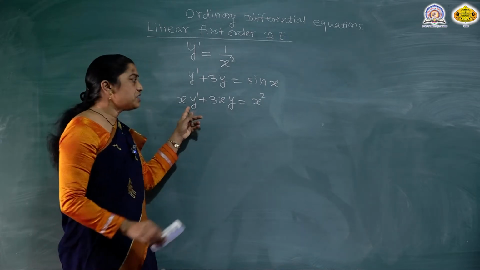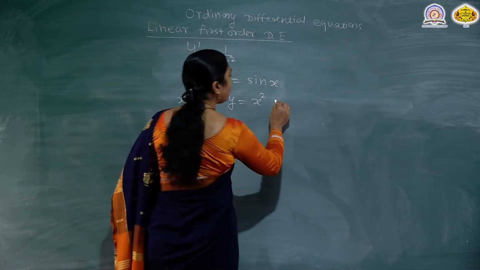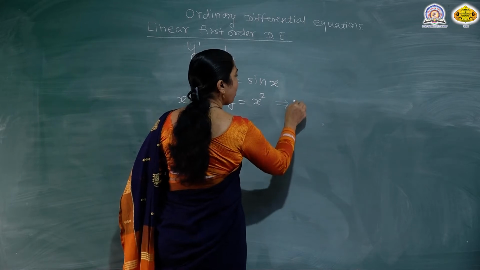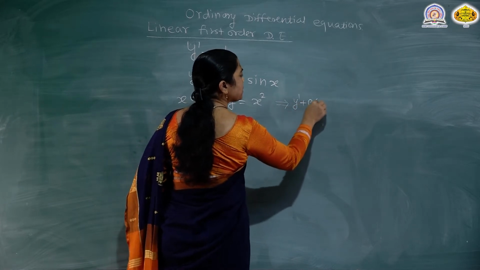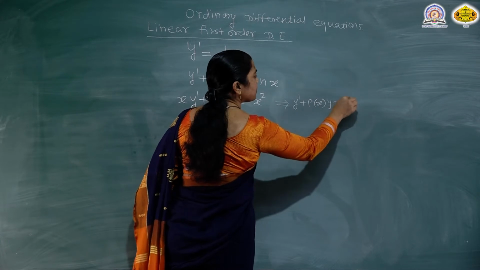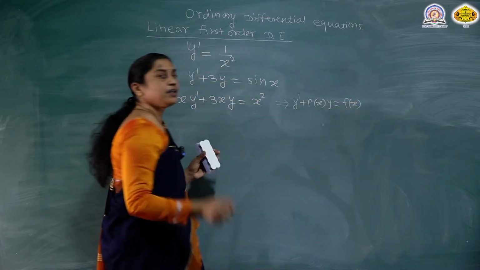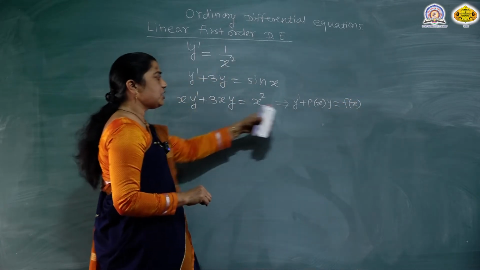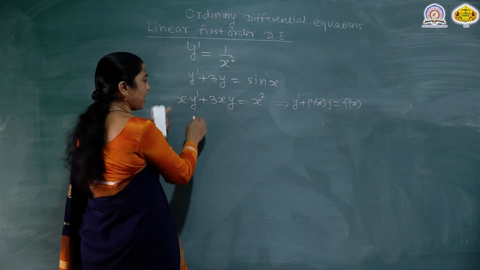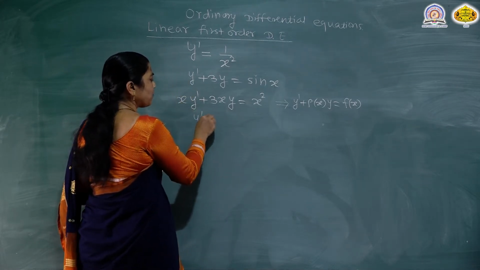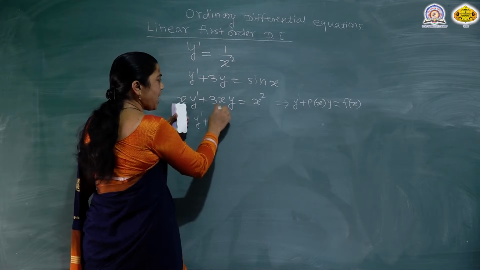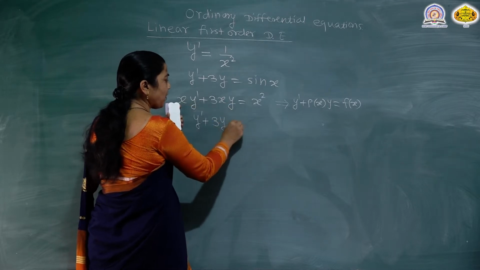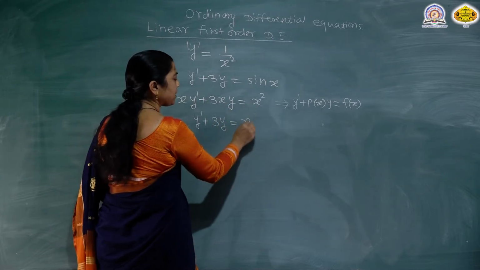Observe that this equation is not directly in the form y dash plus p(x)y is equal to f(x), but it can be rewritten in this form by dividing by x. So y dash plus 3xy upon x, that is 3y, is equal to x square upon x, which is x.